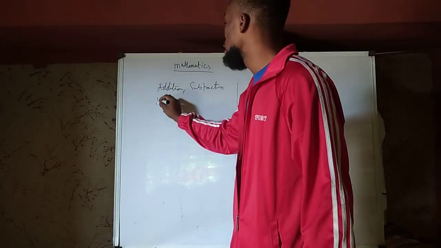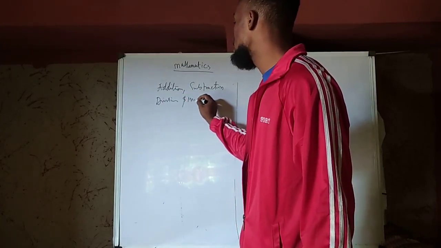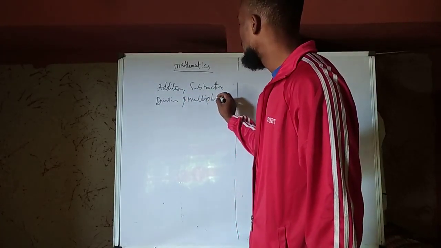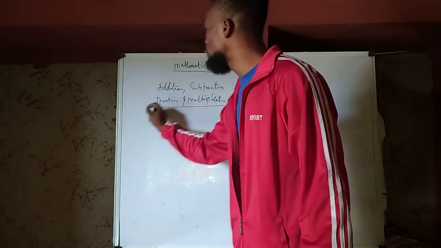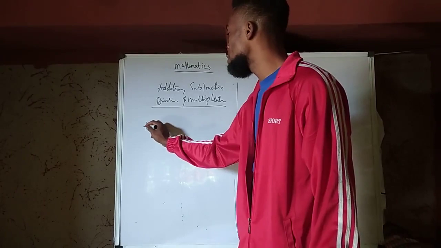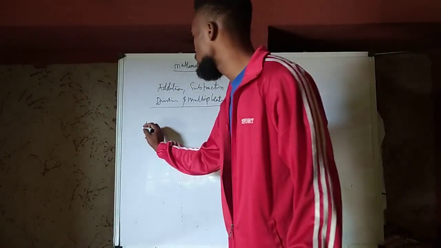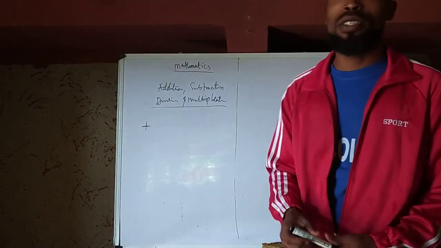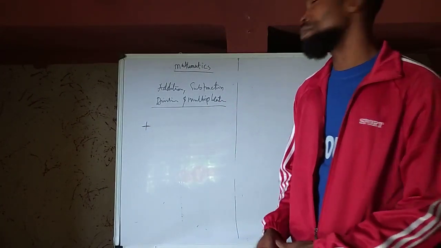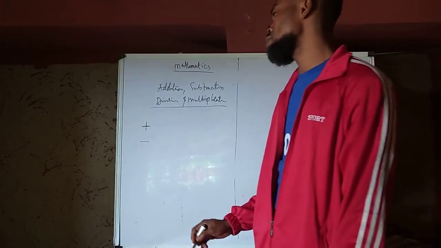subtraction, division, and multiplication. Before now, you should know these operators. I mentioned it. This is the addition operator. So whenever you see this in between two numbers, you're supposed to be adding. And whenever you see this in between two numbers, you're supposed to subtract.